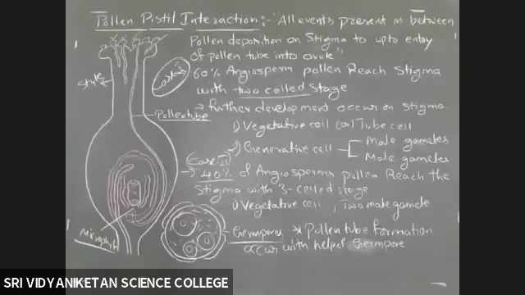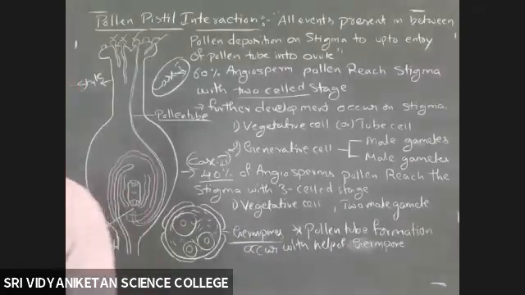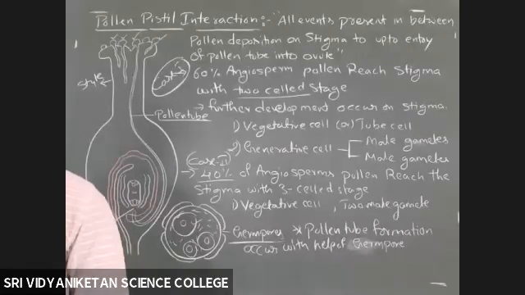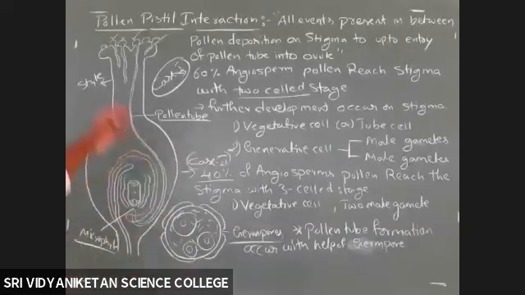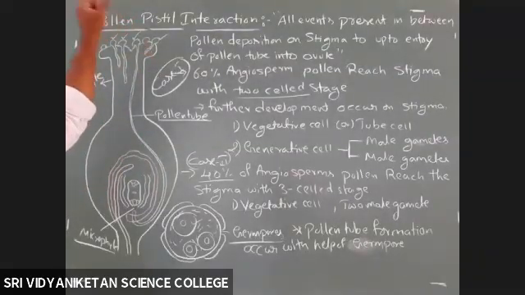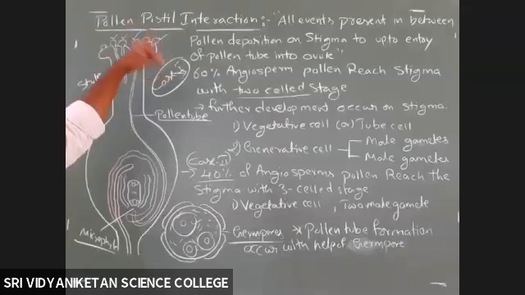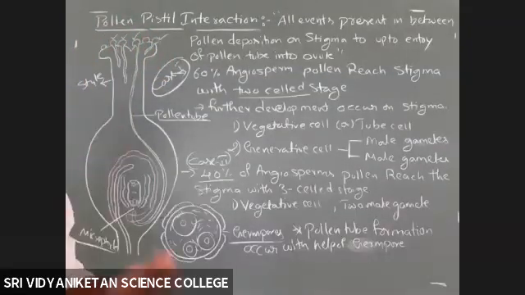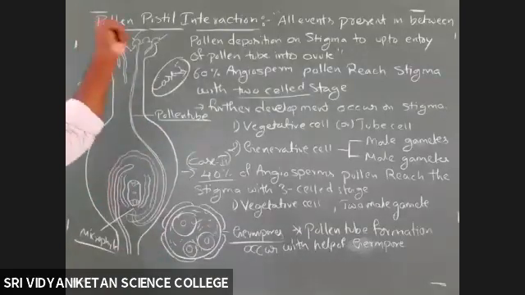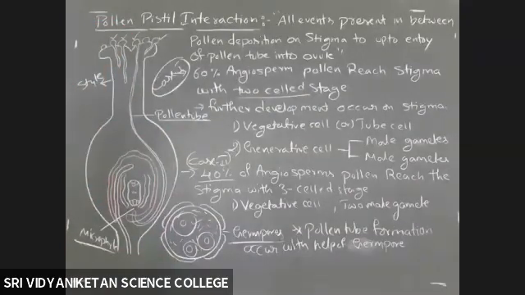The pollen-pistil interaction is a dynamic process in sexual reproduction. Why? Because after the pollen grain is deposited on the stigma, the stigma first recognizes whether it is the right type, compatible, or the wrong type, incompatible. Whenever the stigma recognizes the pollen grain as the right type, belonging to the same species, it promotes its germination.